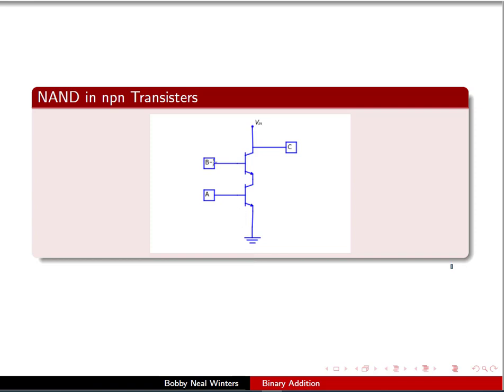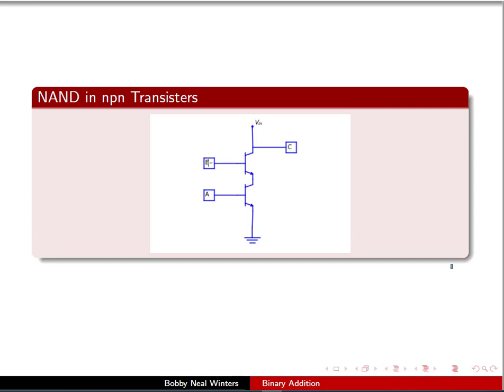But if either of them is turned off, the current has no outlet except to go to this output, which is C. And so this is the output of our NAND gate right here. This is A NAND B.